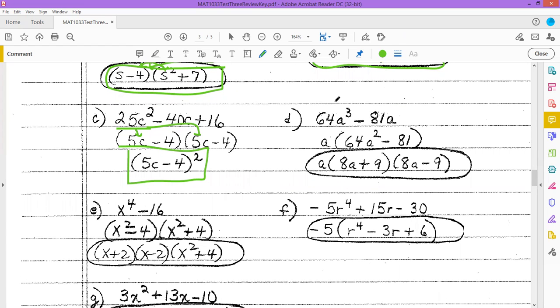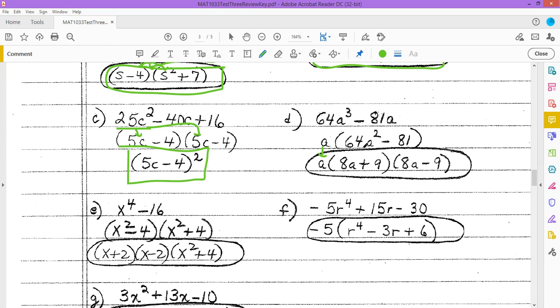Letter D, we have 64a cubed minus 81a, so we have only two terms. We also have a common factor of a, so we factor a from 64a cubed, we'll get 64a squared in parentheses. And when we factor a from minus 81a, we get minus 81 in parentheses. So keep that a outside the parentheses.